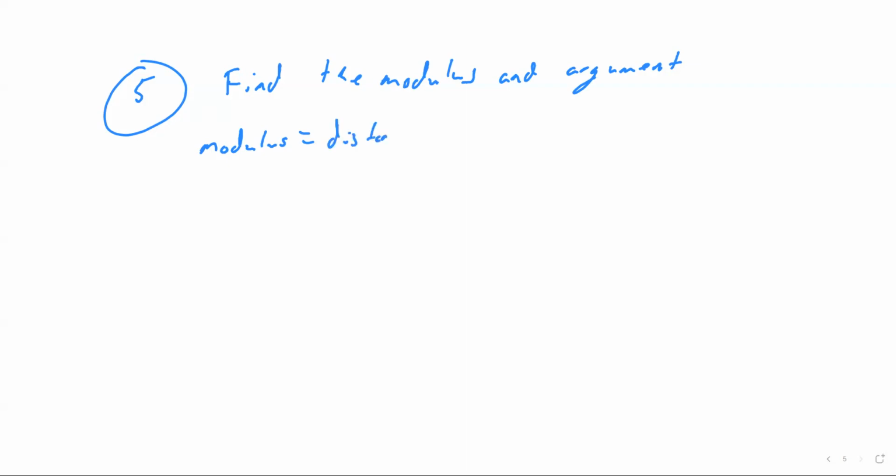All right, the fifth thing you need to be able to do is find the modulus and the argument. What does modulus mean? The distance, right? So that's the distance. And how do we find distance?